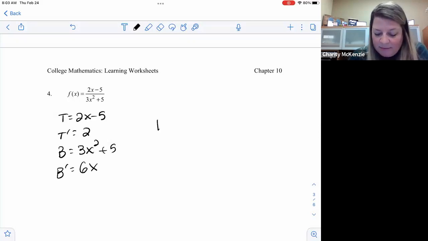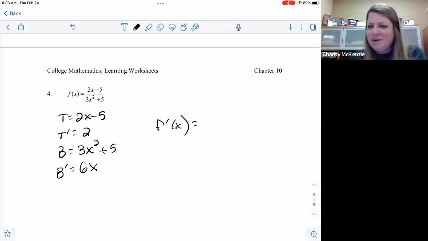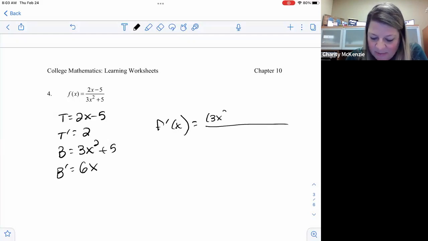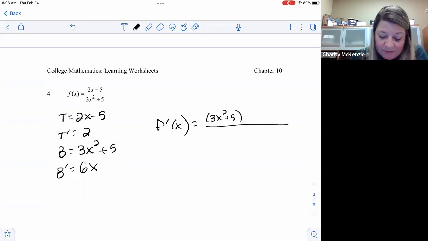Okay, what do we start with? And you could pause and try it real quick. See if you get my answer. What do we start with? Our original bottom. So 3x squared plus 5. And then this bottom will have to be times by the derivative of the top, which is 2.